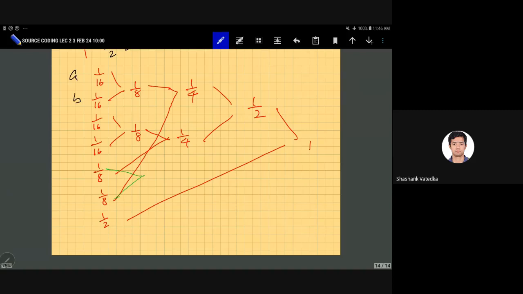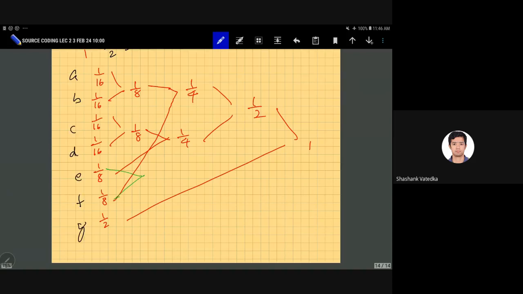Maybe if you have A, B, C, D, E, F, G, and then you merge symbols together, whatever, these two give you AB, then CD. So one rule that you could use when constructing the tree is: if there is a tie, if there are 3 or more symbols with the same probability, then you can decide on some rule.